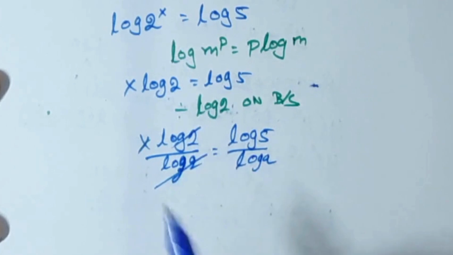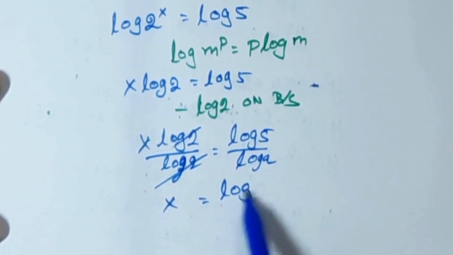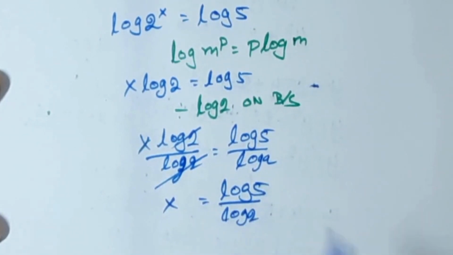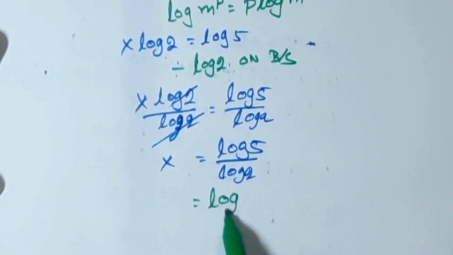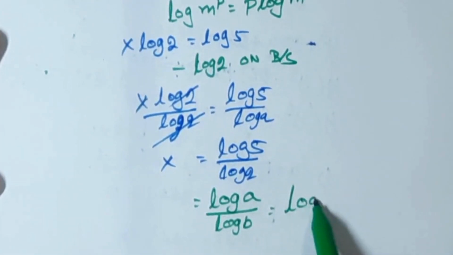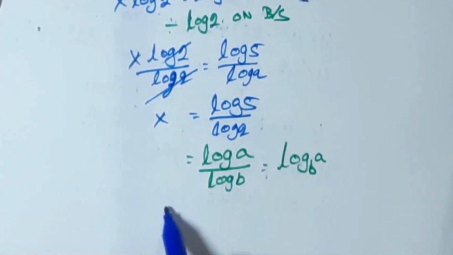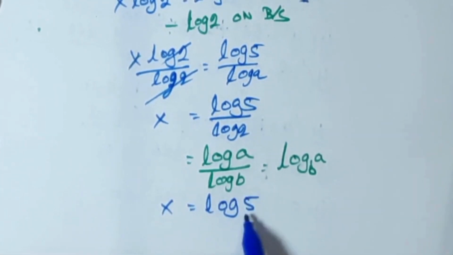This log 2 cancels. So x equals log 5 by log 2. You know the formula that log a by log b equal to log a base b. So x equal to log 5 base 2.